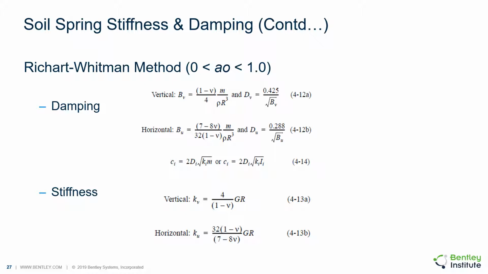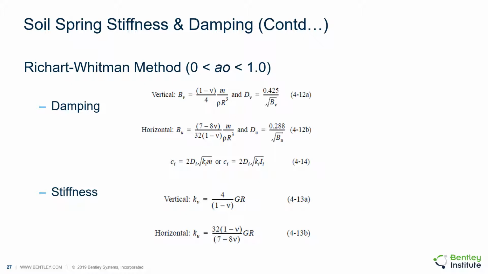It is worth mentioning here that these dynamic analysis problems are addressed either with real domain mathematics or with complex domain mathematics. Richard-Whitman method represents a real domain solution in which the stiffness and damping are represented as constants independent of the frequency. The equations 4-12a and 4-12b are used to calculate the mass and damping ratios for vertical and horizontal translation directions.